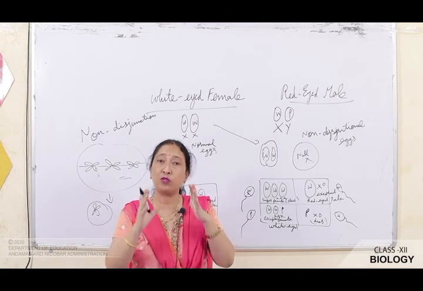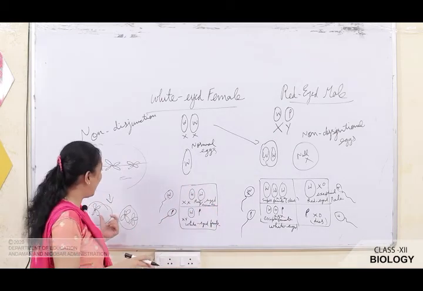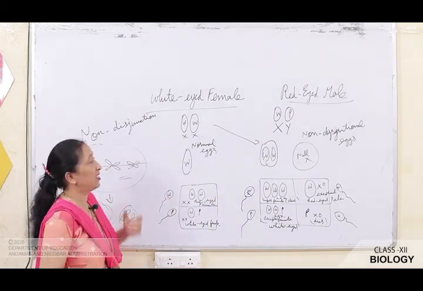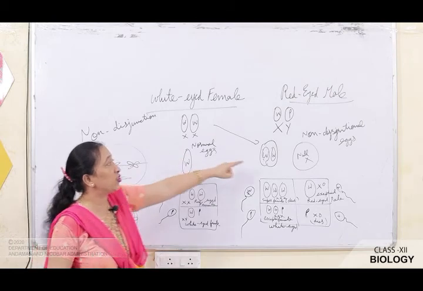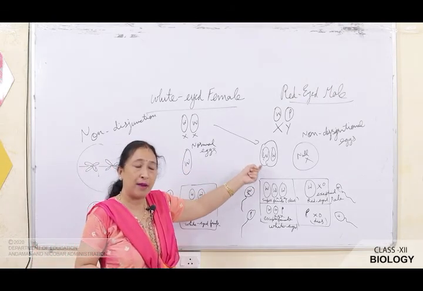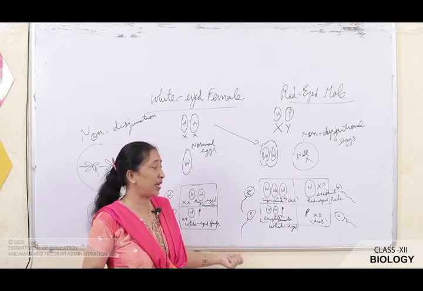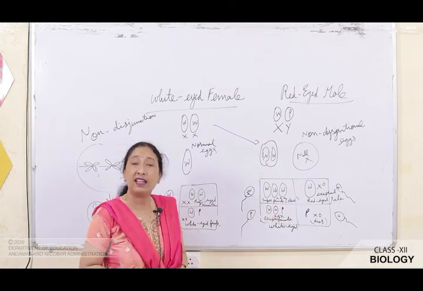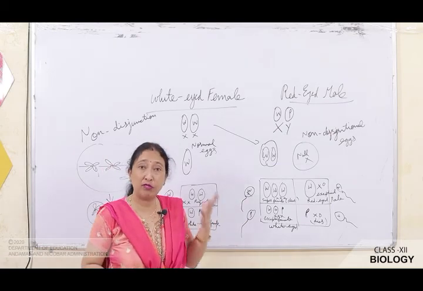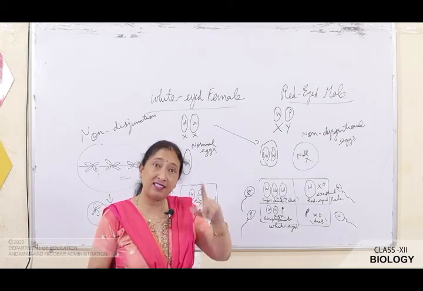Non-disjunction of chromosomes, why? Because the chromosomes fail to separate at the metaphase stage. When they fail to separate, an extra copy will go to the other gamete, and if fertilization takes place, what will be the result? That is shown here, and it was given by Bridges in 1916.